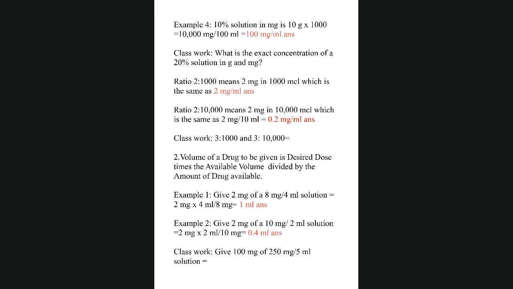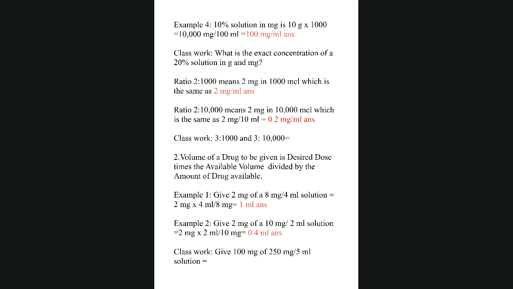The available volume or fluid would be 4 mils. And the amount of drug would be 8 milligrams. So it is 2 milligrams times 4 mils divided by 8 milligrams. So we would draw up 1 mil. So 1 mil would represent 2 milligrams.